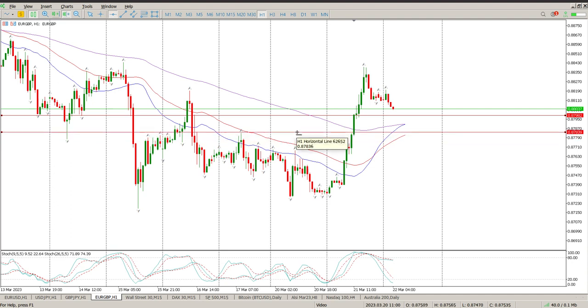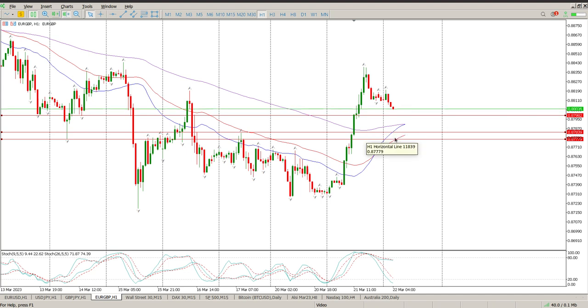Let's put 3 levels in here. There you go. So what we're looking for is either 0.87982, or we're looking at 0.87839 or 0.8779. I'm looking for price to come back into this area, and I'm looking for an opportunity to buy. What you'd want to do is look for a measured move equal to the move of yesterday, whether it's off there or here.